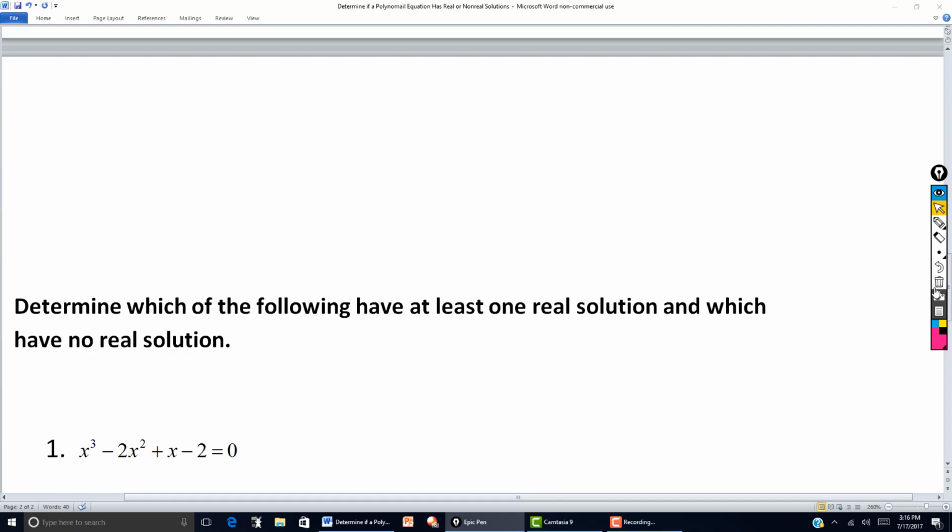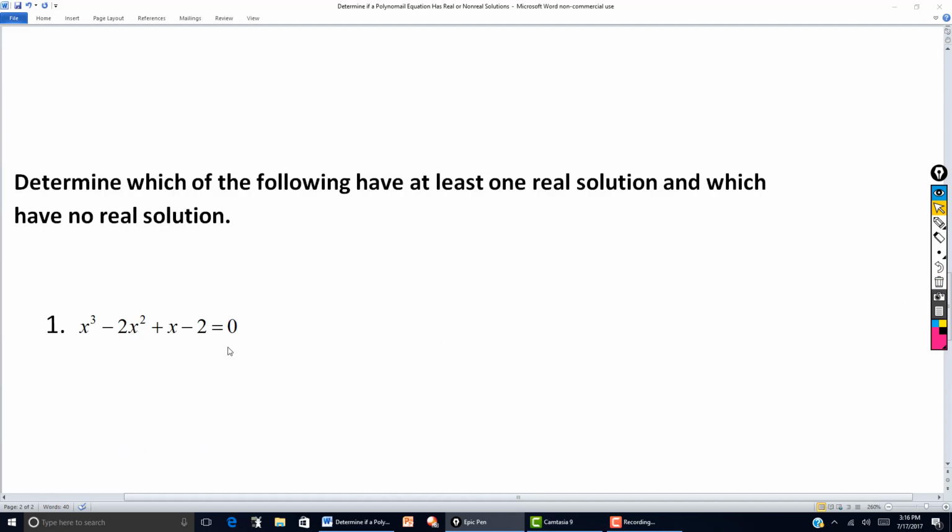Let's look at x cubed minus 2x squared plus x minus 2. Notice the lead term is x to the third.